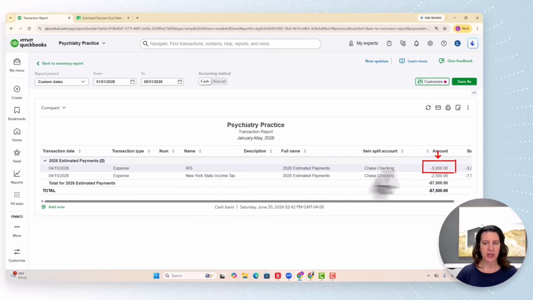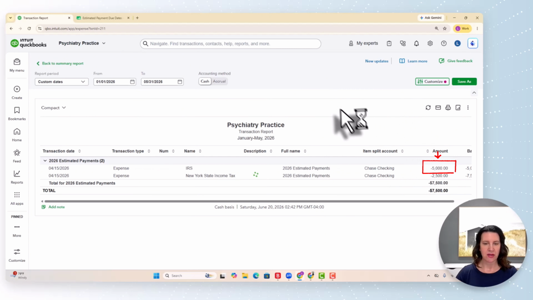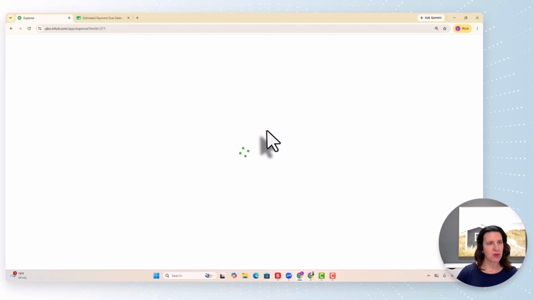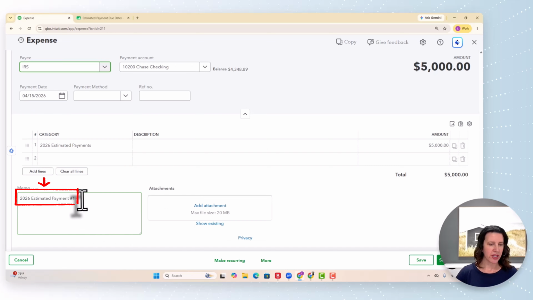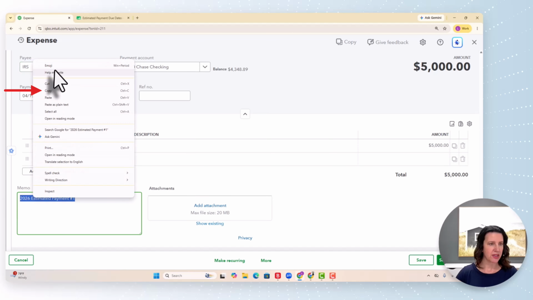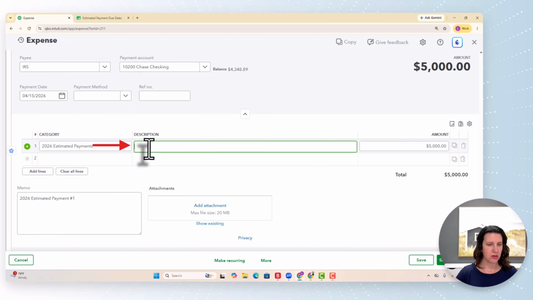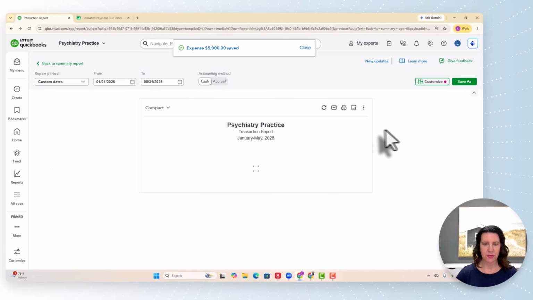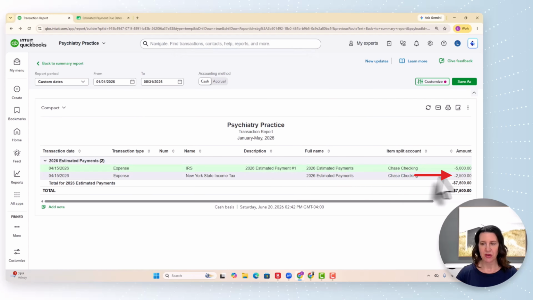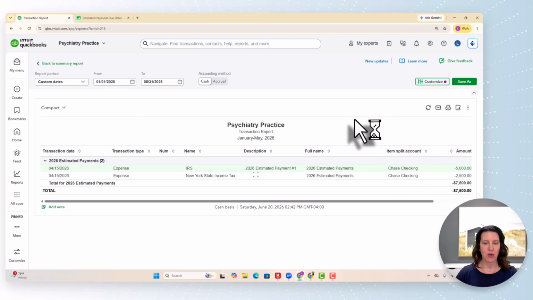Now I did put a description on, but it was in the memo when I was posting it in the checking account, so it's not showing up. If we go over here and copy this, then it will show up. So it depends on how you're entering things. But this is better if you have that memo because then you know which payments.